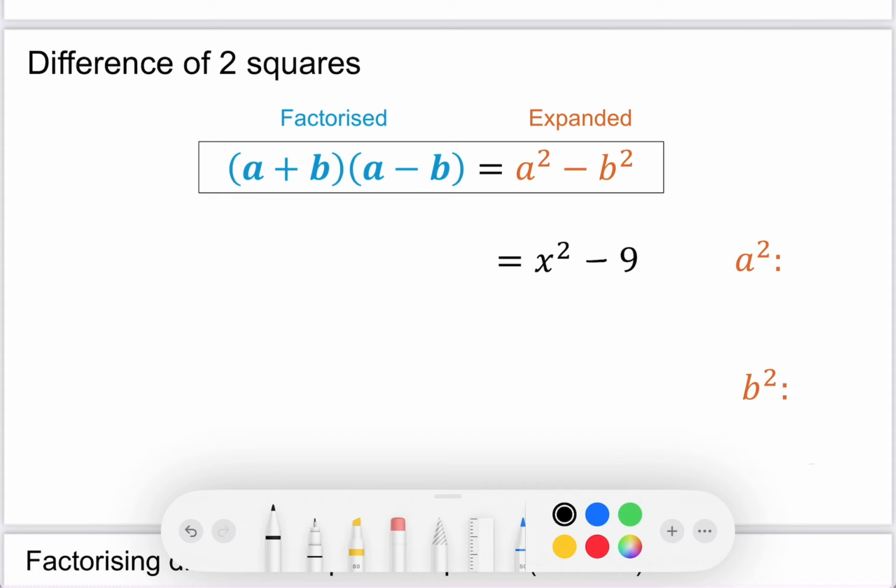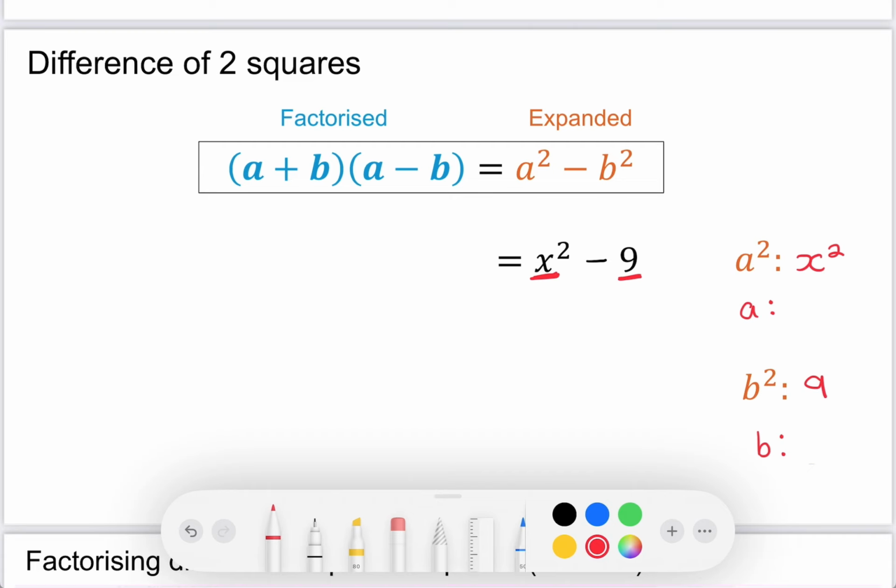And it's in that expanded form of a squared minus b squared. In this case, a squared is x squared and b squared is 9. So if I want to turn this back into its factorized form, all I have to do is figure out what is a and what is b.